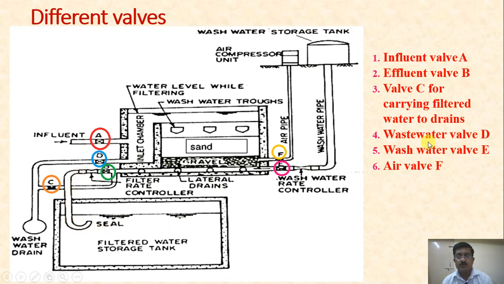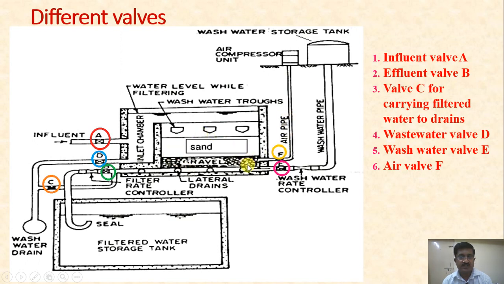Then there is the wastewater valve D. When the backwashing is carried out, what will happen? There is the wash water valve E, which releases wash water, and the air valve F, which you can visualize here, for the compressed air.